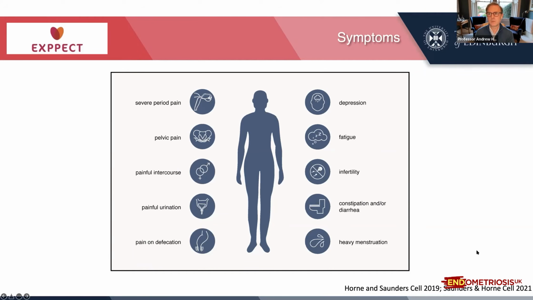Endometriosis can also be associated with difficulty passing urine, increased frequency of urine. It can also be associated with diarrhea and constipation. And it can lead to fatigue, and we don't really understand why that is. The resulting symptoms themselves can also lead, not surprisingly, to low mood and depression.